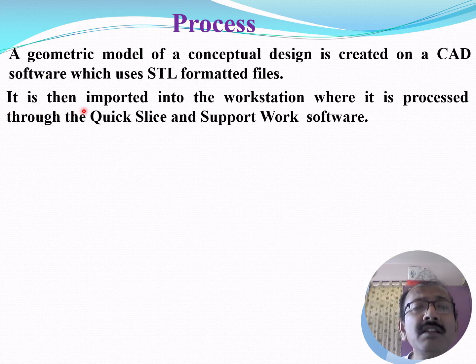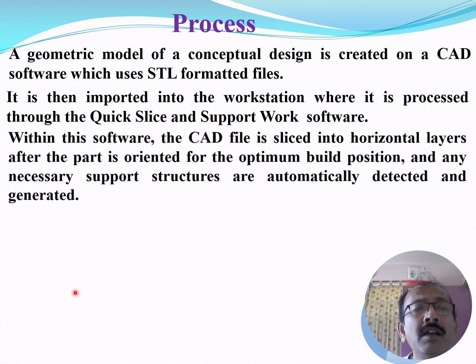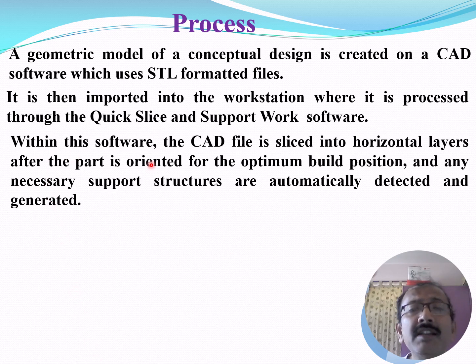It is then imported into the workstation where it is processed through the QuickSlice support software. Within the software, the CAD file is sliced into horizontal layers after the part is oriented for the optimum build position, and any necessary support structures are automatically detected and generated.